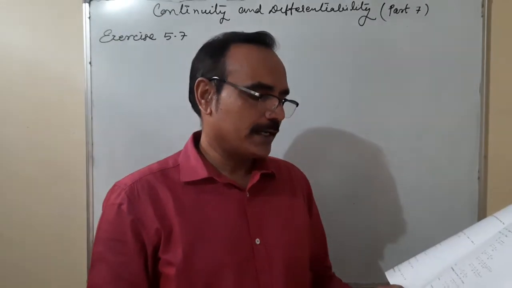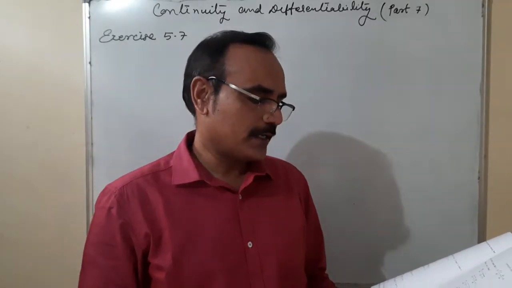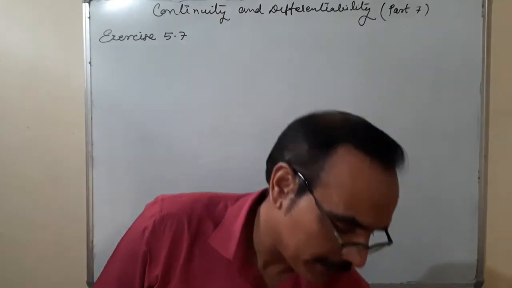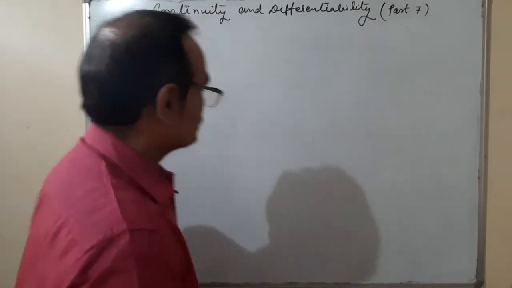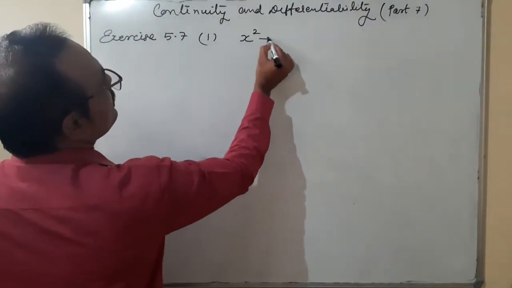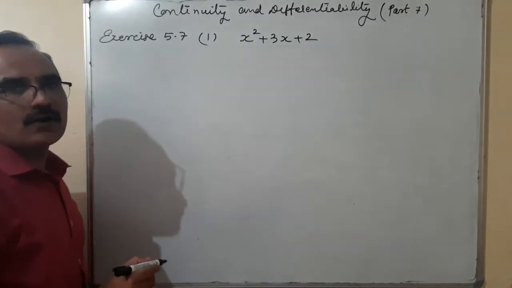From 1 to 10 there are 10 questions, and we are going to find the second order derivative. I am first taking question number 1: x square plus 3x plus 2. Find the second order derivative.